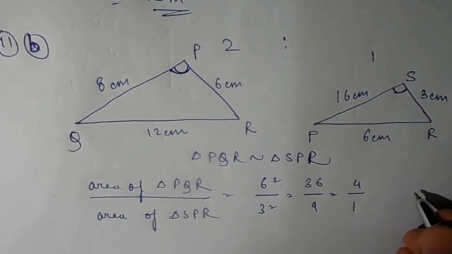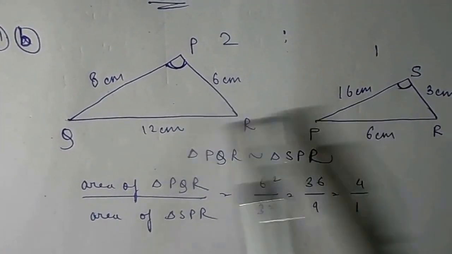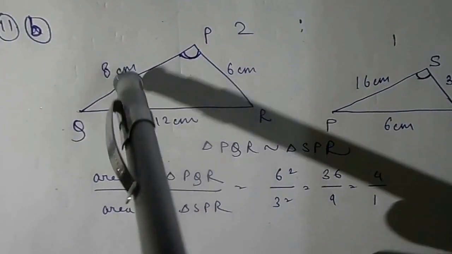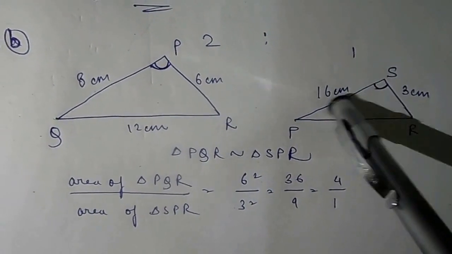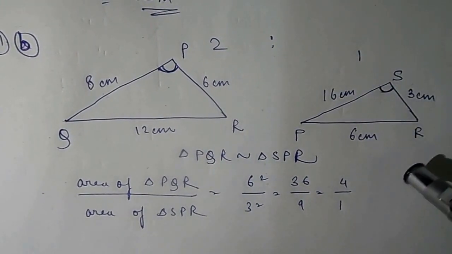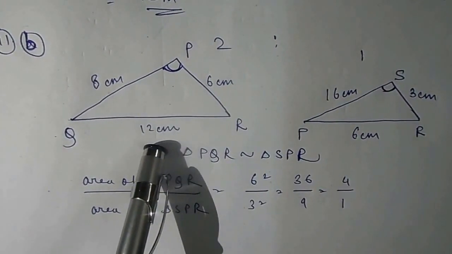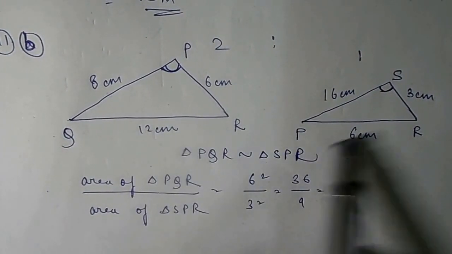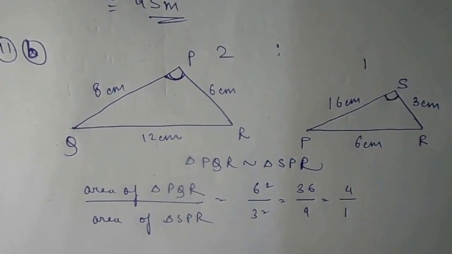It will be 4 by 1. Now you can calculate this using this also and this also. So let's do that. 8 square 64 and 16 square 256. When you calculate that, you will get 4:1. Similarly 12 square equals 144 and 6 square equals 36. Solving that, you will also get 4:1. So here we come to an end of this question.